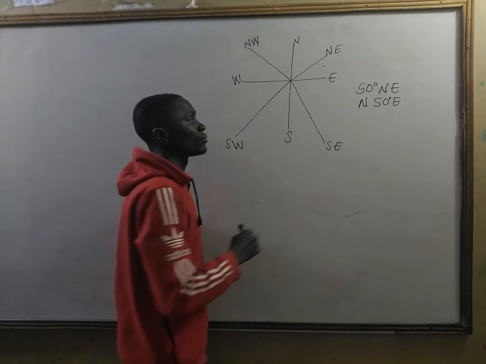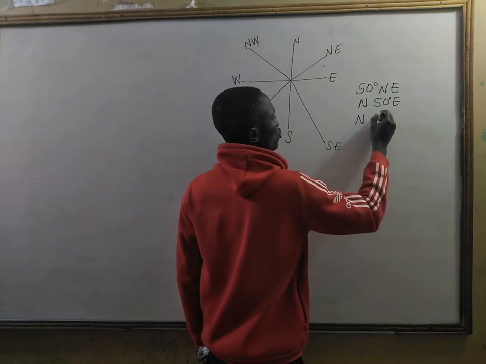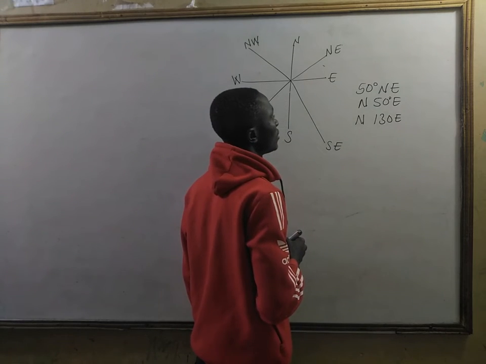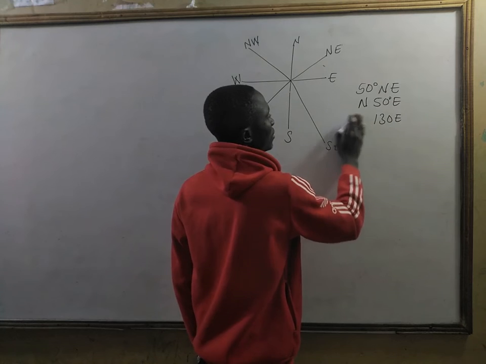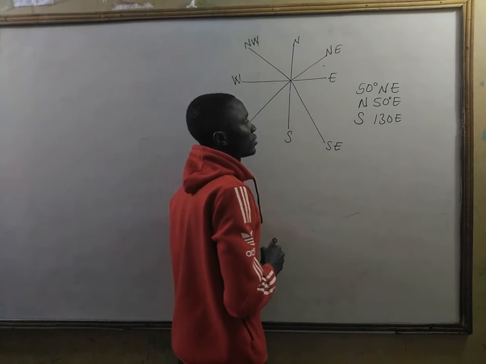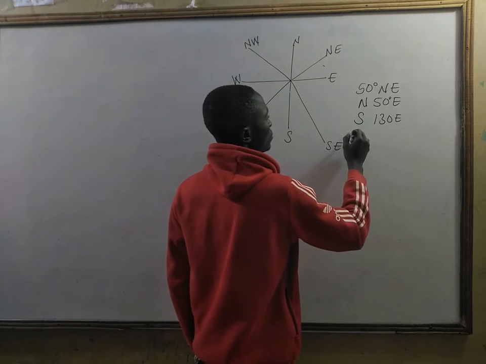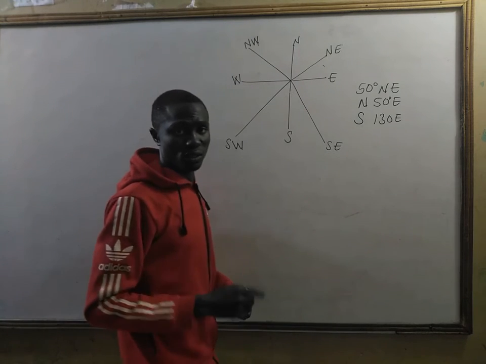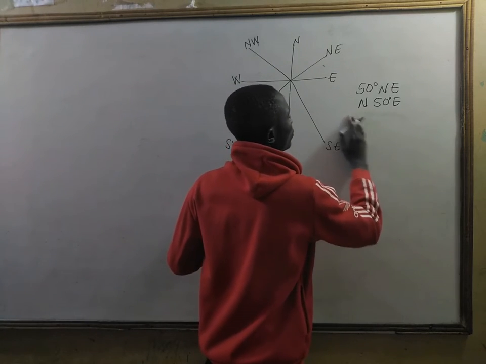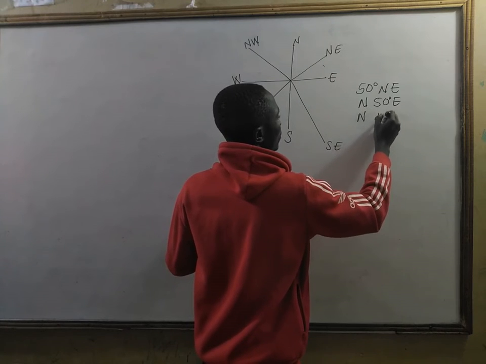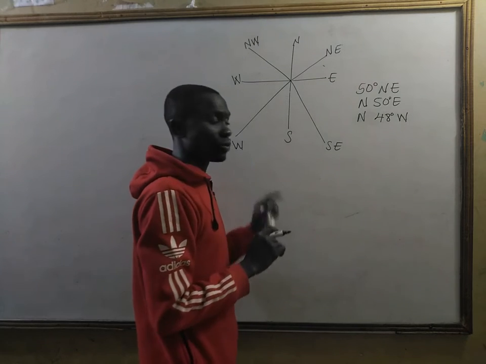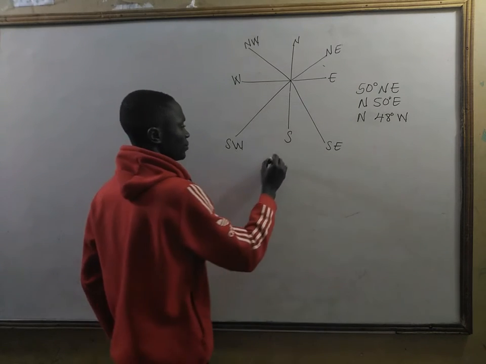Then we will do 130 degrees southeast. Then we will do 48 degrees northwest. So let's do the north first. After that, we come to the south.